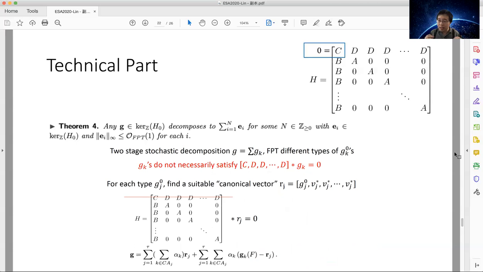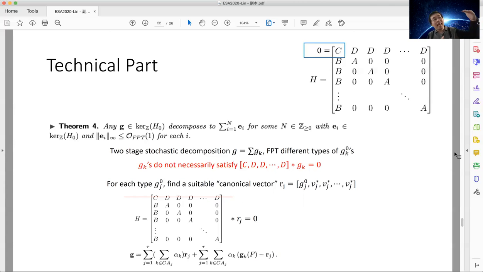So we have G of K, and the crucial observation here is that if we just look at the first block, G of K 0, we realize that because the infinity norm is bounded, and because G of K's first block has FPT number of entries, you only have FPT number of different kinds of first blocks.